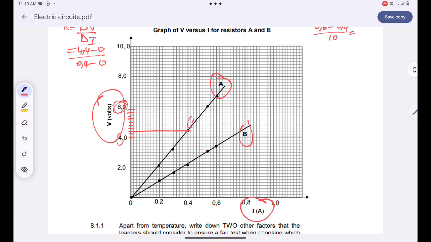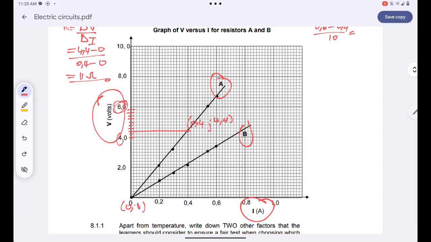The x value is 0.4 and the corresponding y value is 4.4, and the other point is at the origin. Let me just calculate first before I focus on wire B. That's 4.4 divided by 0.4, which gives 11 ohms.